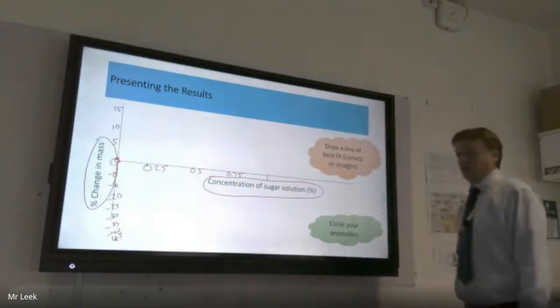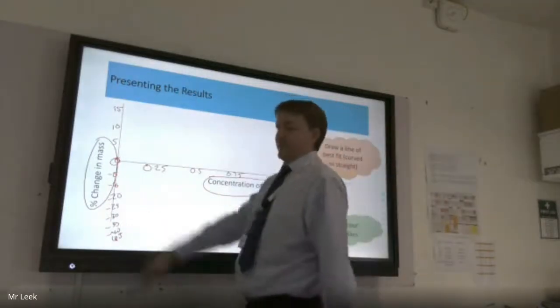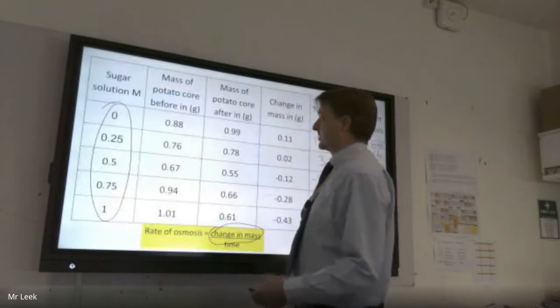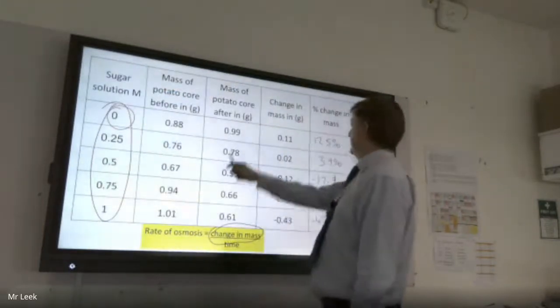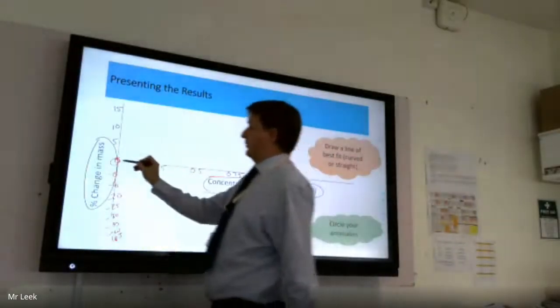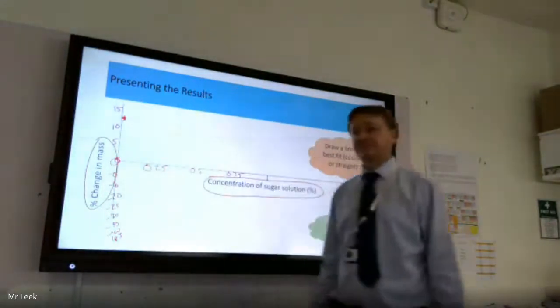Okay, they are then all the results that you've got. Once you've set this graph out, then you need to start plotting your results. So 0% sugar solution has a 12.5% increase. So 0 goes up to 12.5, which is approximately there. Now, it should actually be on the line itself.